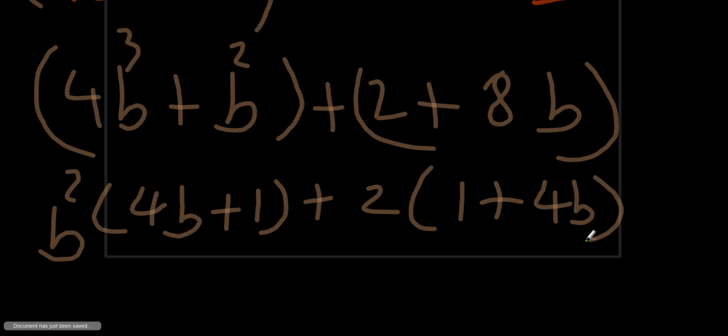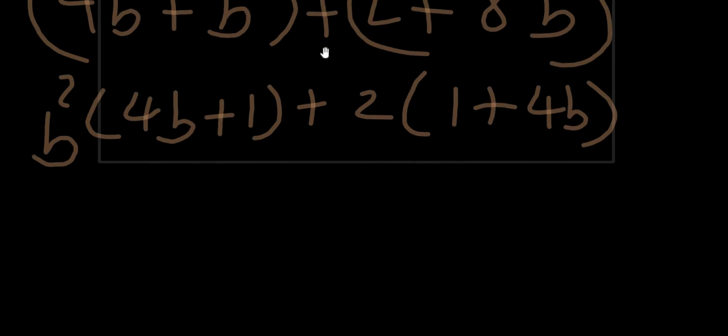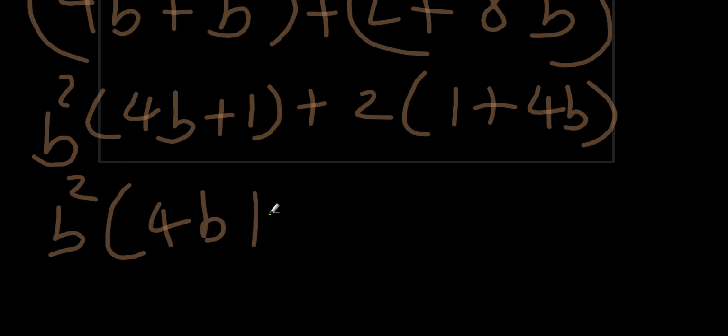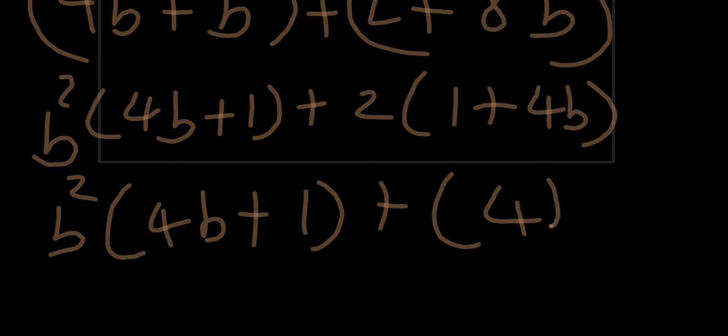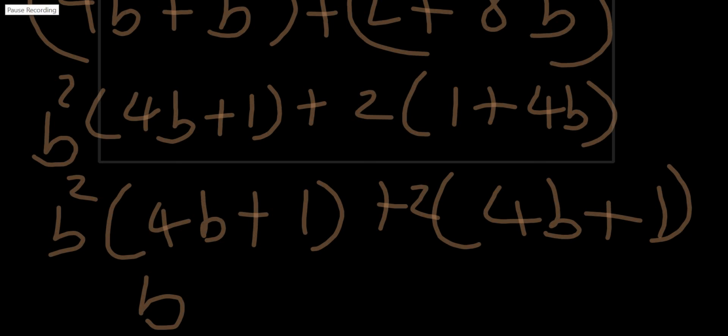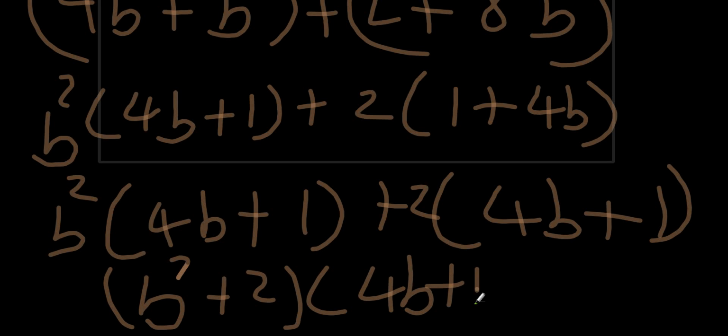We could rewrite this as 4b plus 1, just putting the 4b at the front here, and that is basically the same thing. And so we group what is outside. We have b squared plus 2, and we take any one of the identical brackets. And so there you go, factorized by grouping.